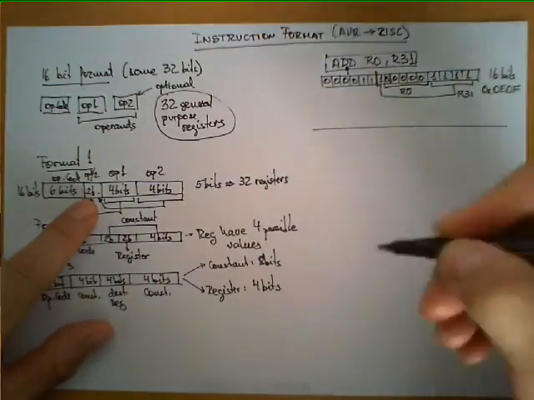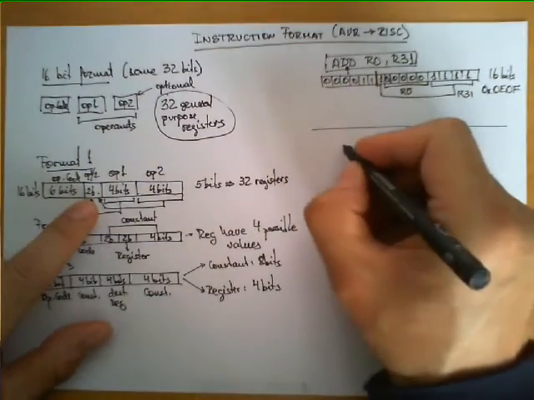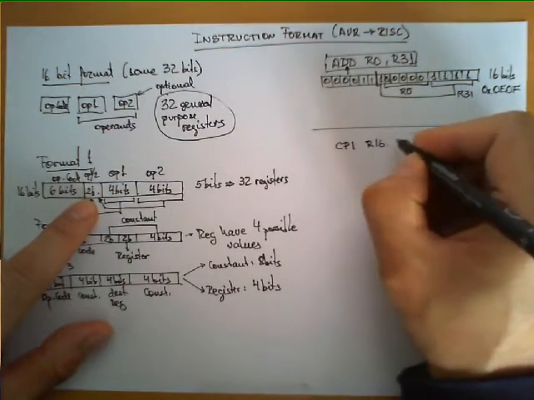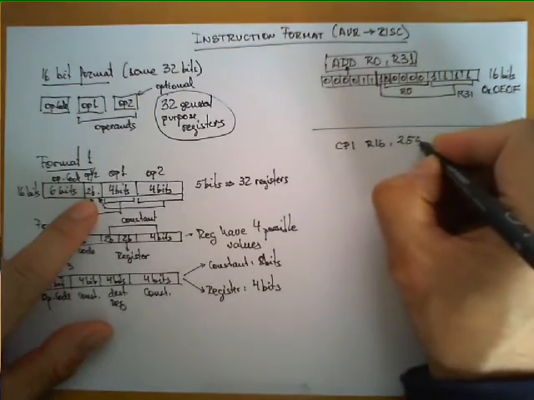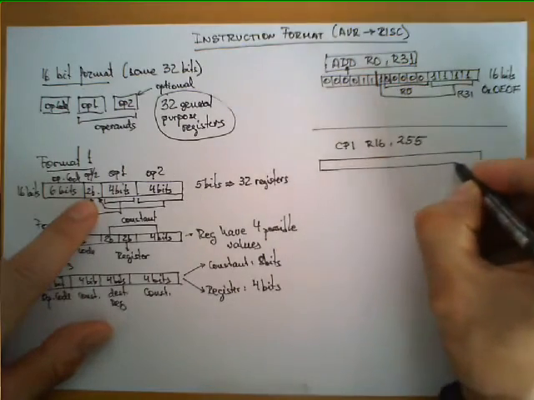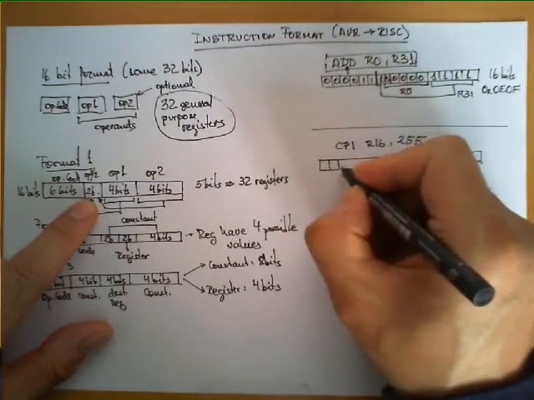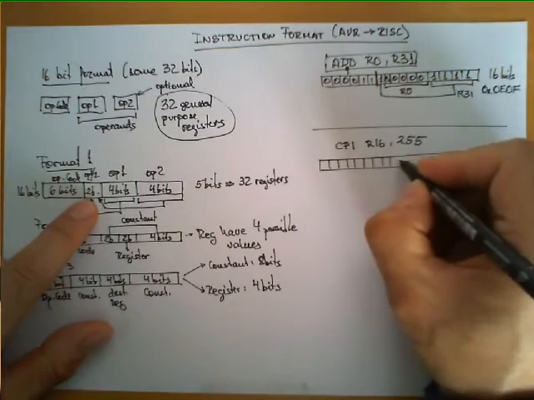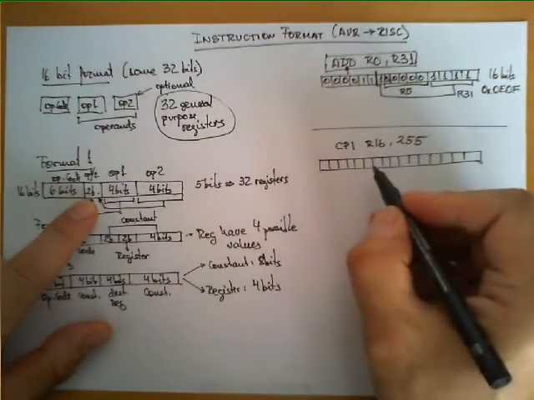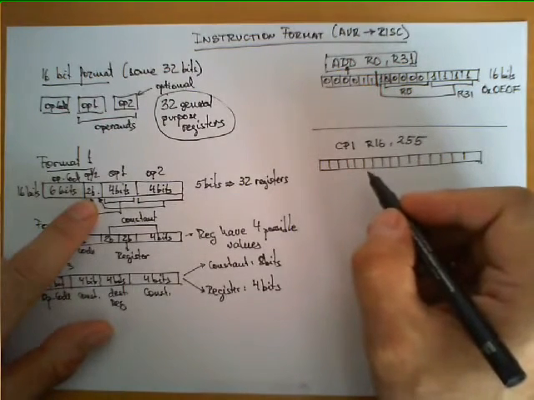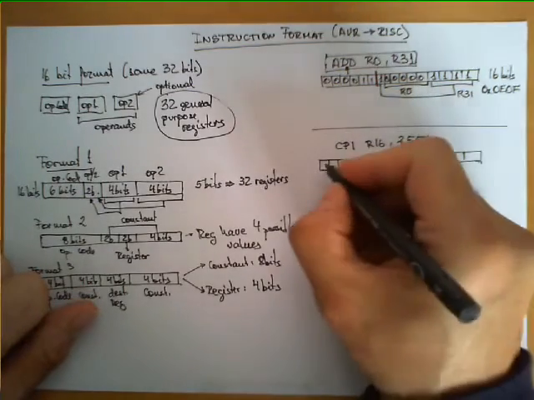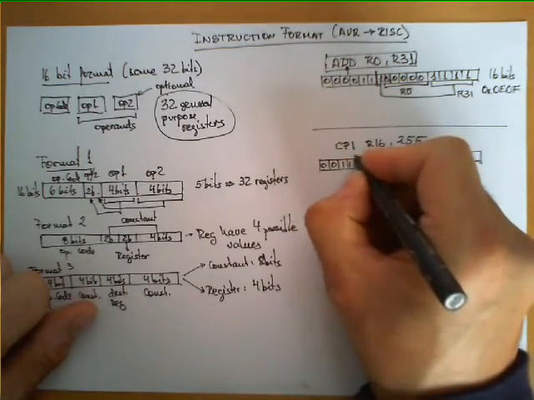Let's see another example of another instruction. In this case, let's take CPI R16, 255. And again, let's explore its representation with 16 bits. In this case, the format we're using is, first, 4 bits only for the instruction code, in this case CPI, which is 0011.